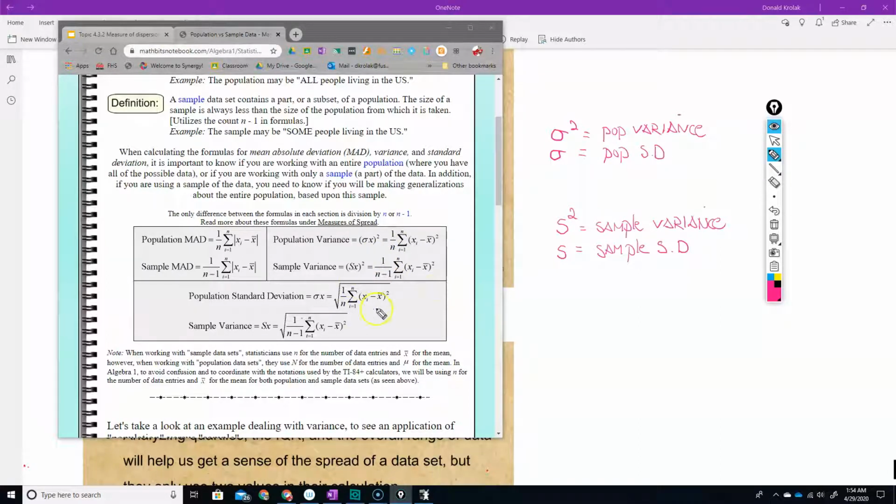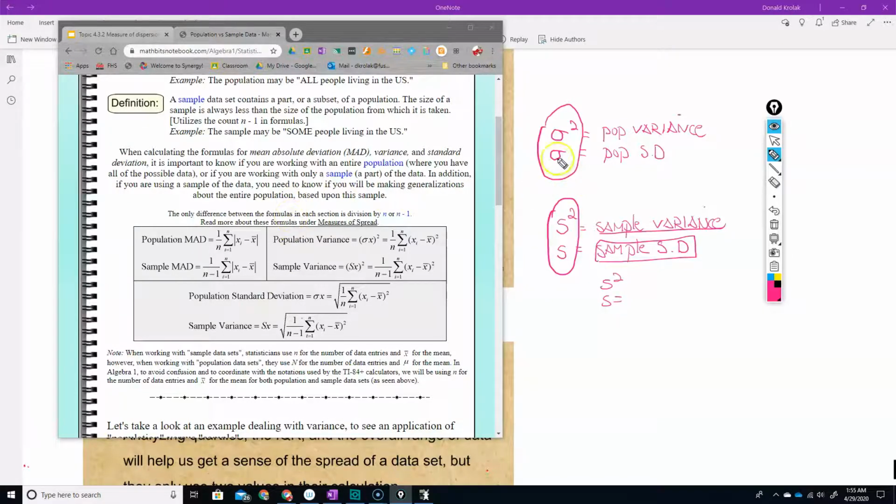So the way I remember which one is which: sample uses the letter S. So S squared is the sample variance, and S is the sample standard deviation if you were working with a sample.